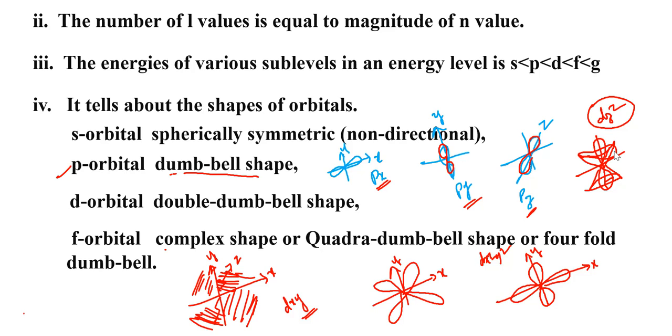Of course, the remaining four are double dumbbell shape only, but dz square is not. It has a double cone shape. Okay, then f orbital को draw करने की जरूरत नहीं है. It is very complex, we don't discuss much.